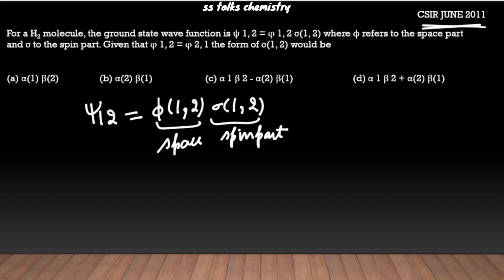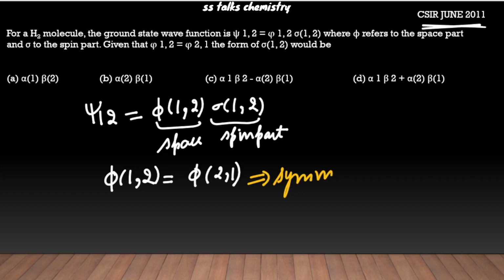Given the condition to us, phi(1,2) is equal to phi(2,1), which clearly implies that this space part of the wave function is symmetric in nature. We want the total wave function to be anti-symmetric.